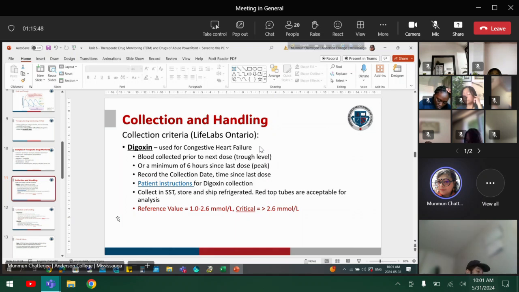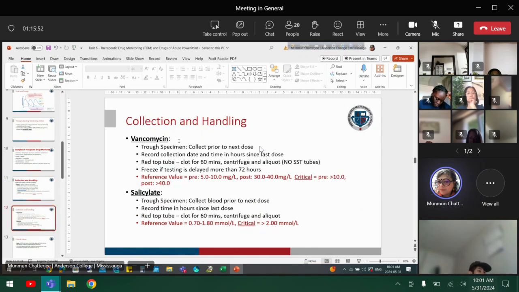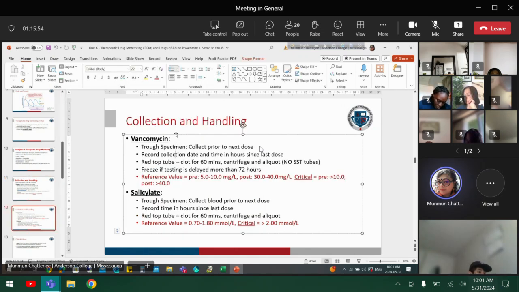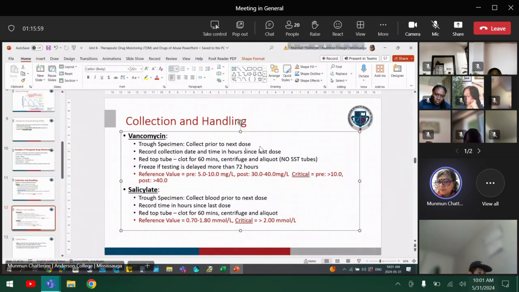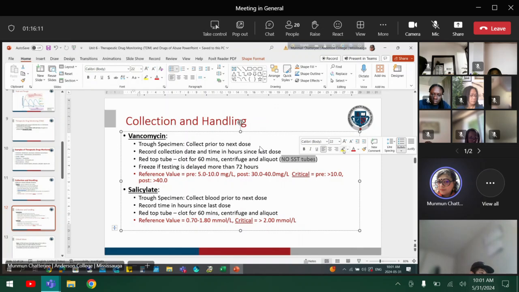Now vancomycin, trough specimen: collect prior to the next dose, record the collection date and time. Red top tube, clot for 60 minutes, centrifuge and aliquot. No SST tubes for vancomycin, which means you cannot use the gel separator.